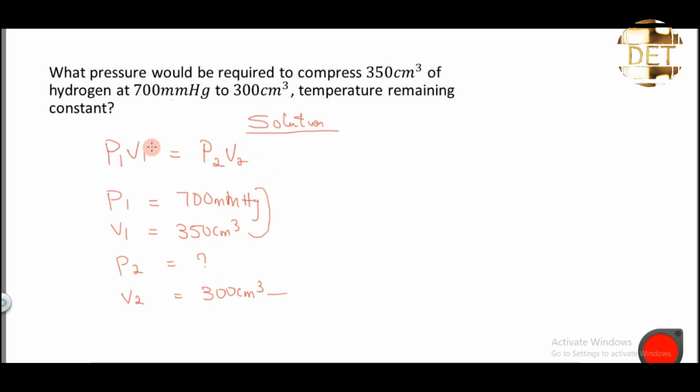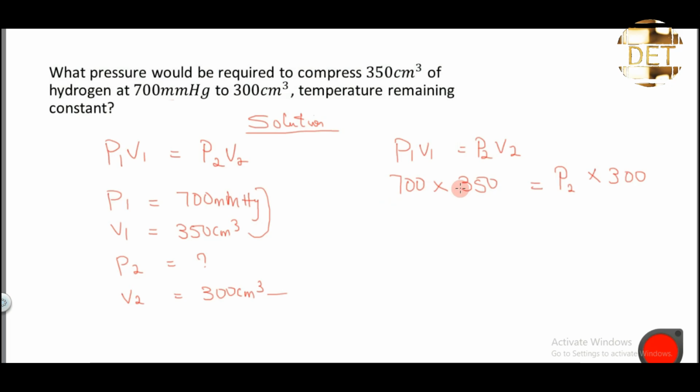So what we do here is to apply Boyle's law, and this is Boyle's law formula. P1 V1 is equal to P2 V2. So our P1 in this formula is 700 millimeters of mercury times our V1 is 350 centimeter cube, then is equal to our P2 is unknown, so I will represent that as P2. Then our V2 is 300 centimeter cube.